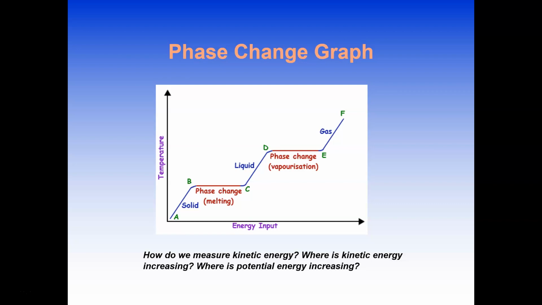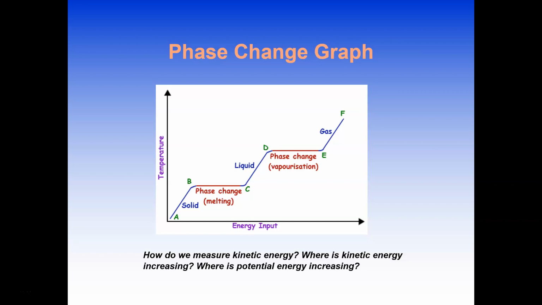So earlier when we talked about kinetic theory, we discussed kinetic energy. One of the things we discussed in that was how do we measure kinetic energy? And if you'll look back in your notes, you'll see that we measure it using a thermometer because we measure it in terms of temperature. Now, as far as these graphs are concerned, they are representing kinetic energy and potential energy.